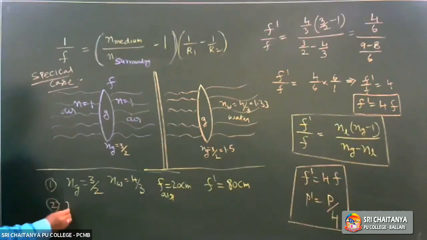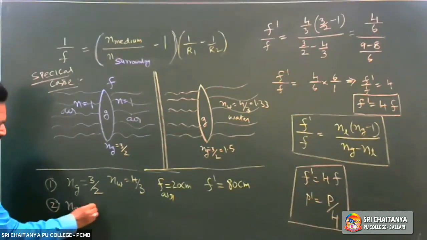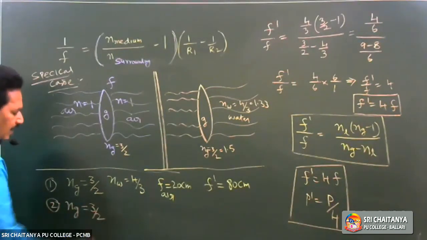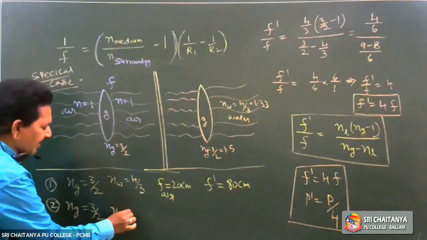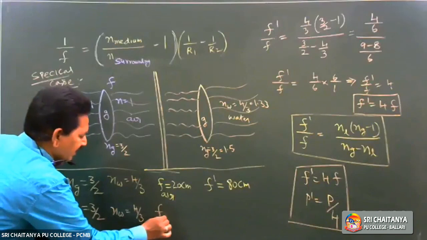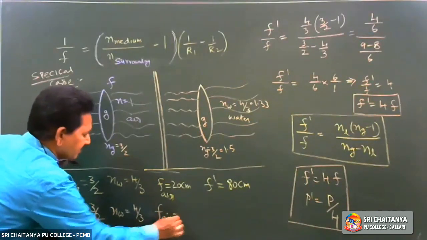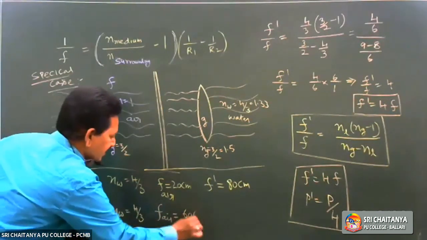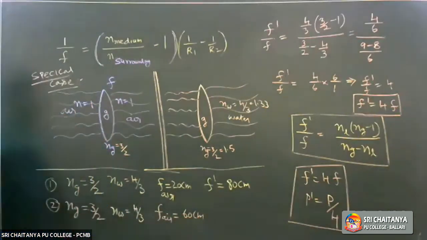Same: refractive index of glass 3 by 2, refractive index of water 4 by 3. Focal length of the lens in air is 60 centimeters. Find the focal length in water.